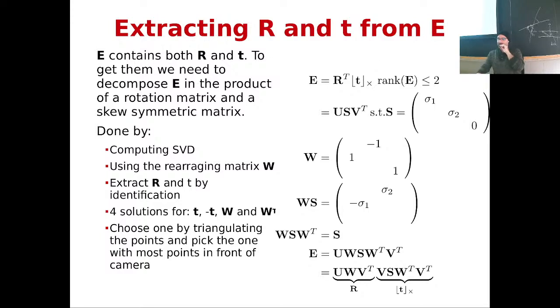Now, what happens if I multiply this matrix W to the left by the matrix of singular values S? If you do this product, you obtain that this multiplication has the effect of swapping basically sigma 1 and sigma 2.